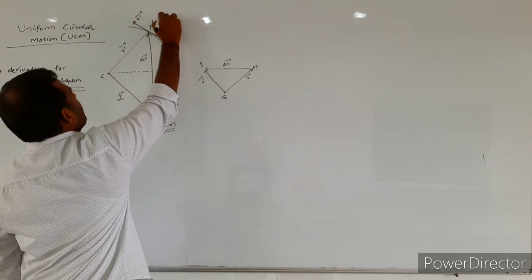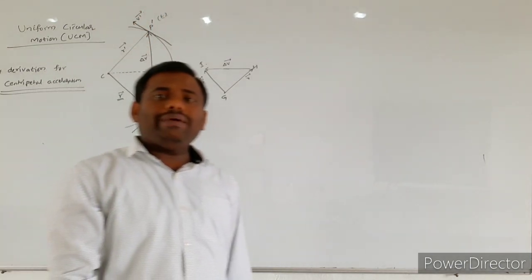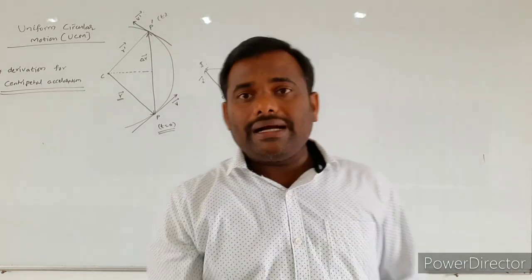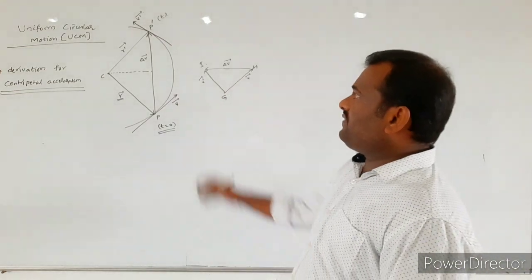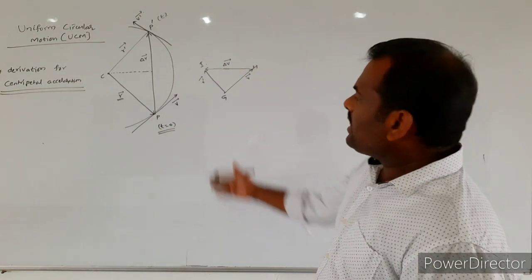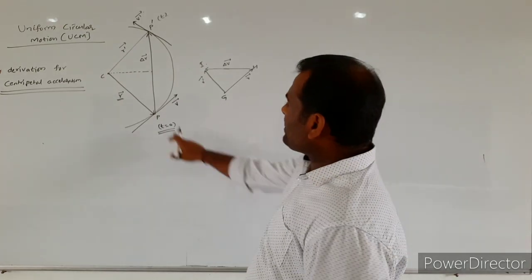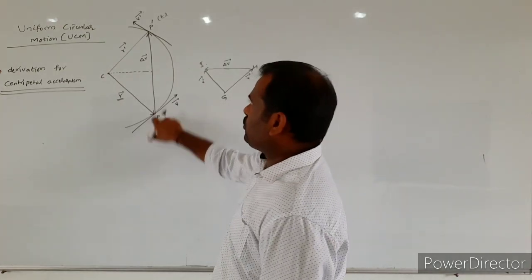We are assuming that after t seconds, the particle will reach another point, which we say is P dash. That means in a time of t seconds, the particle was displaced from the point P to P dash.